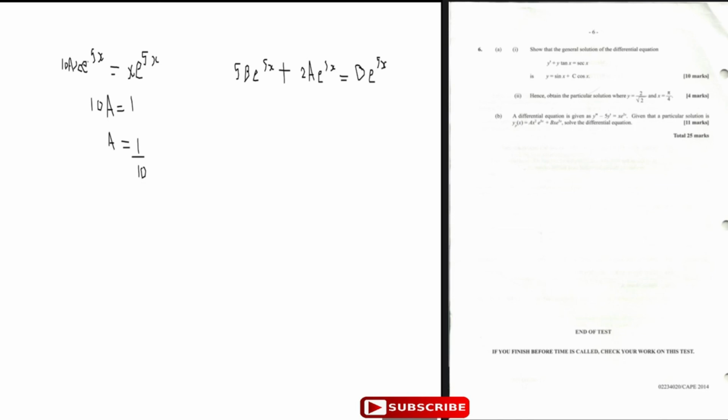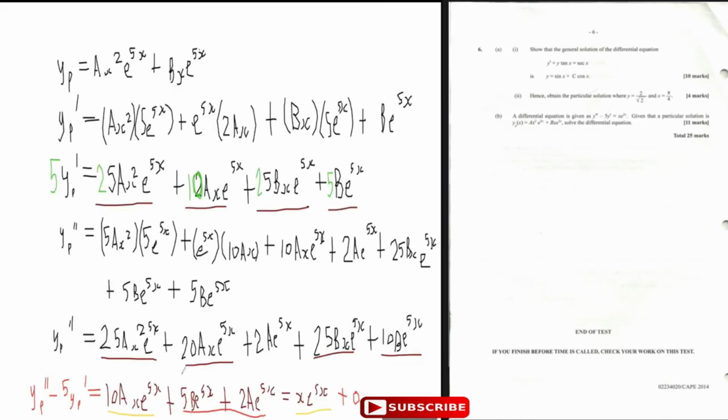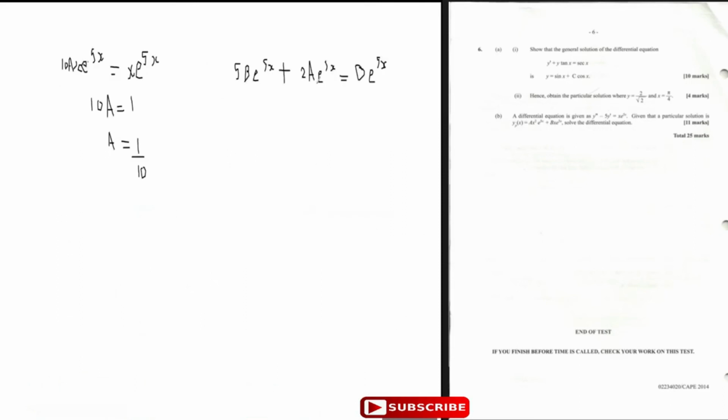You might say, how did I come about the 0? Remember, all of this is equal to x e to the 5x. You group like terms. These two terms have the x times e to the 5x. These two terms don't have the x times e to the 5x, and so they must equal 0 times e to the 5x. So that's how this equation came about.